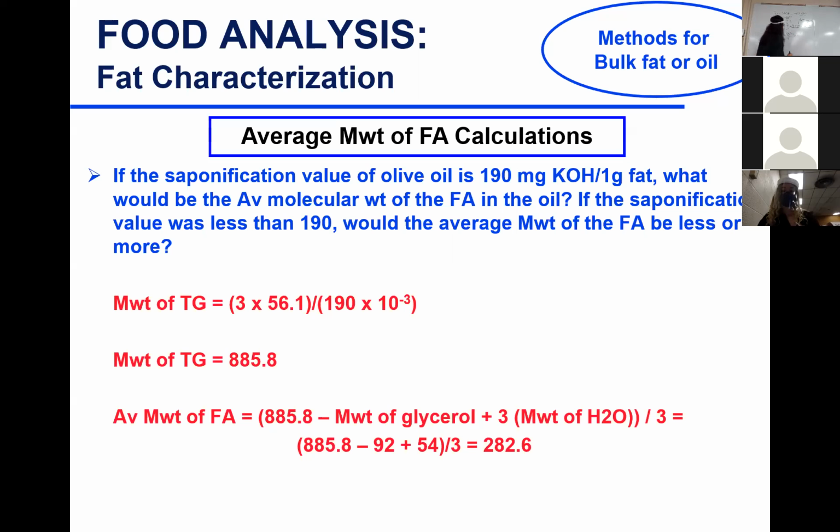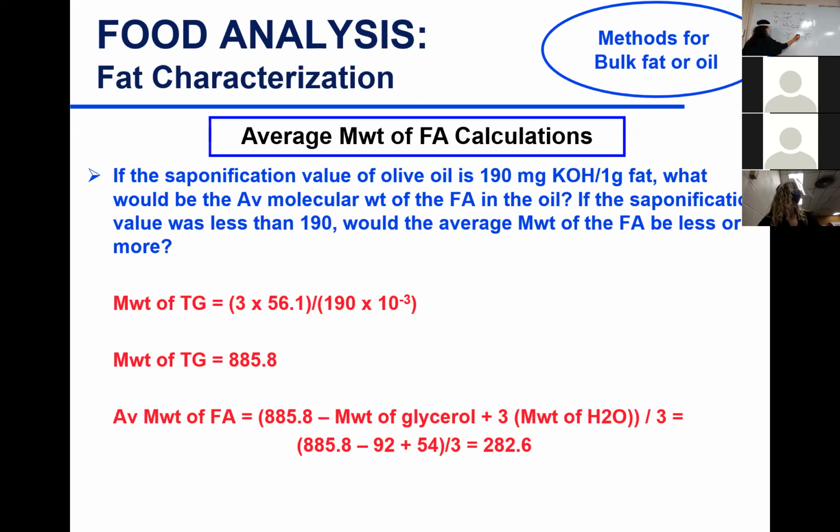3 times 56.1 grams per mole with 0.190 grams. So you can take that ratio. So 1 gram of this particular molecular weight of triglycerides reacted with 0.190 grams of KOH of this molecular weight.